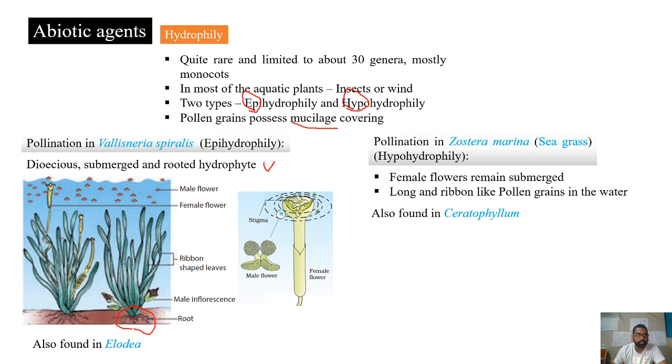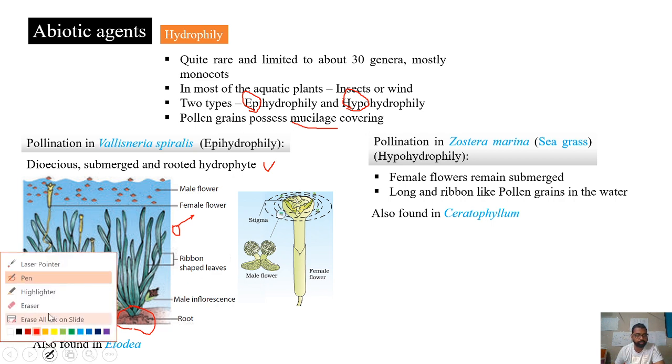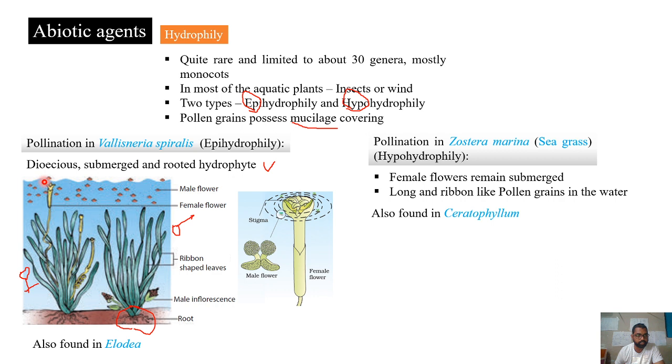Now this is the female plant. The first one is the female plant, and the second one is the male plant. In the female plant, this is the female flower.